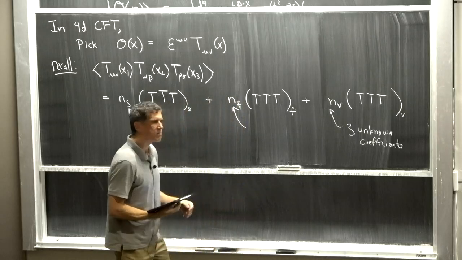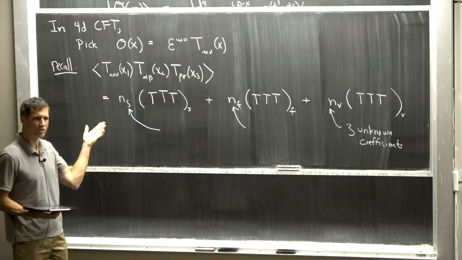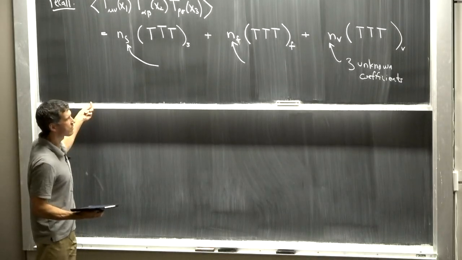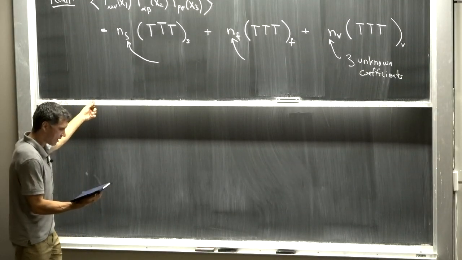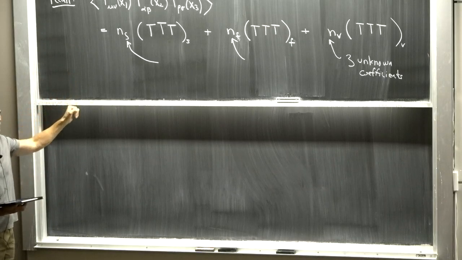You can pick any basis you want for these tensor structures. You could choose different linear combinations. So no one of them is sacred or anything. But there's a nice canonical basis provided by free theories. Okay, and that's the basis I'm using here.